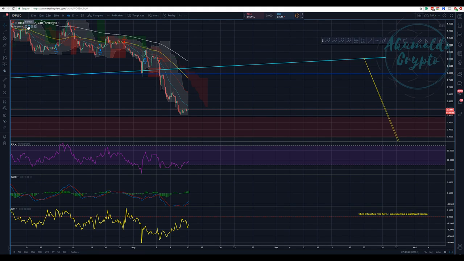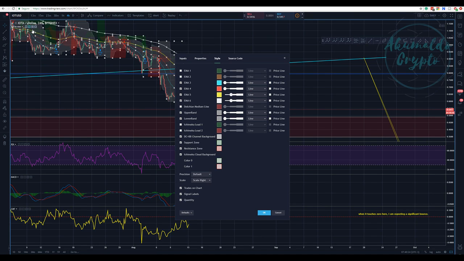On the other hand, we don't need to rely on TradingView to put all the indicators because you have a limitation when you don't have a pro version. That's why I did this indicator here. I tuned a little bit the Keltner and the Ichimoku. I did some changes, the resistance and support zone here.